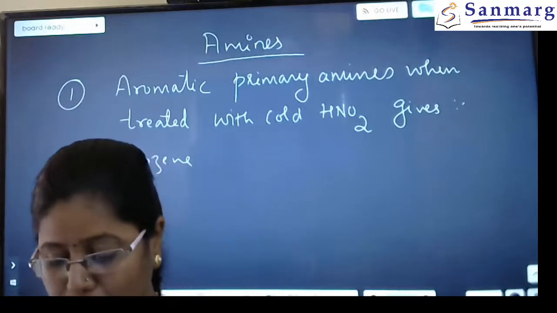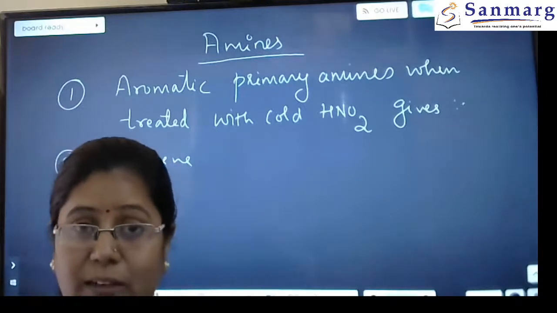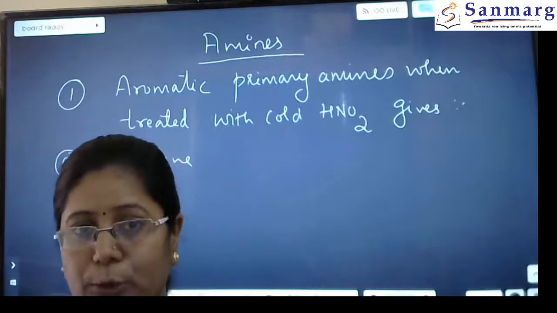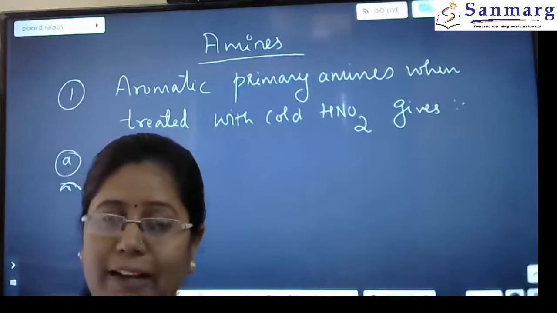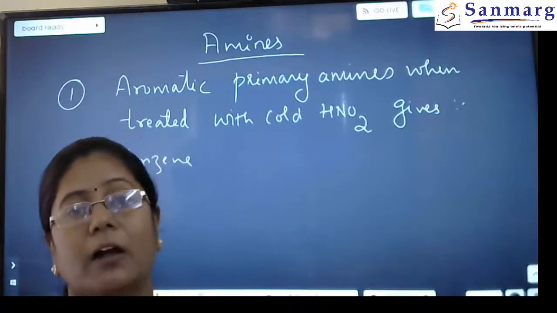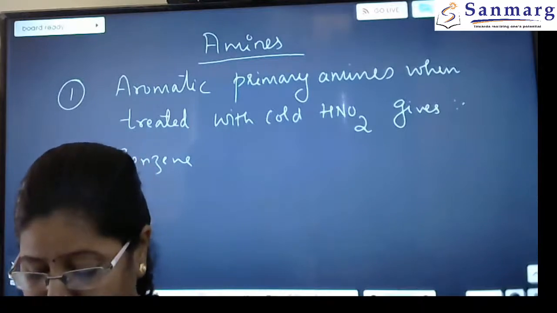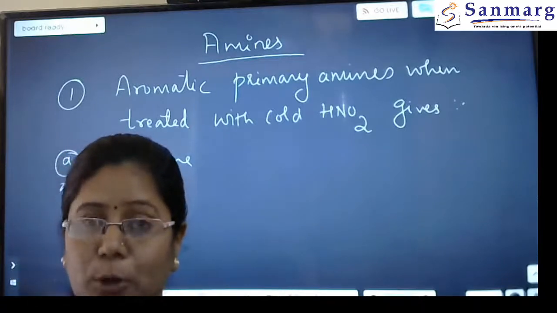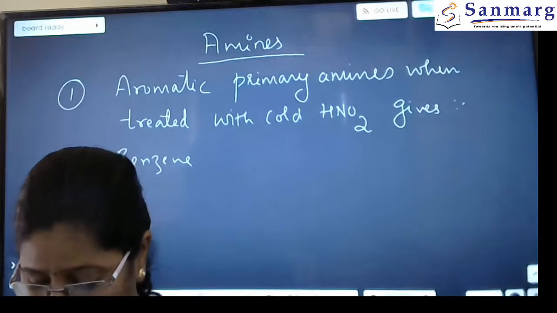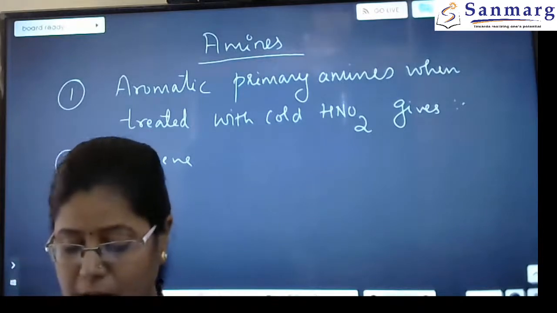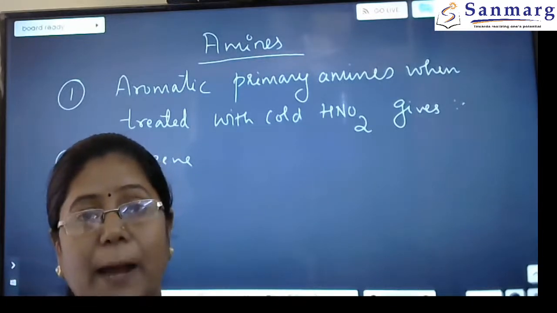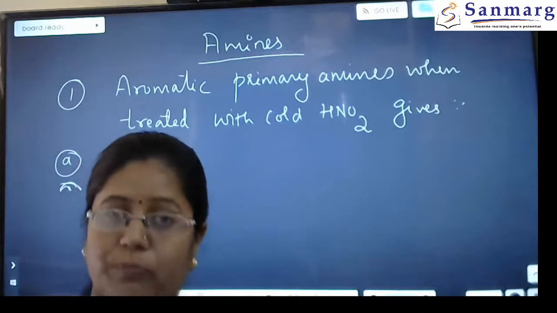This isonitrile end product has a foul, bad smell, because it is an isocyanide group. Such a reaction is called the carbylamine reaction.